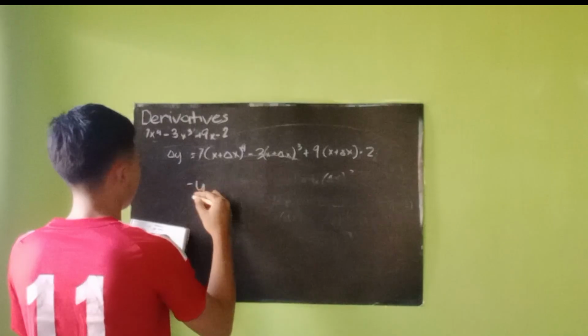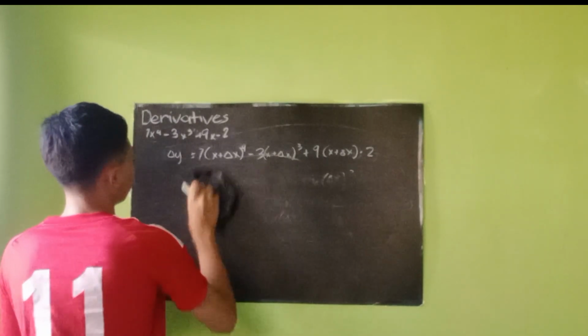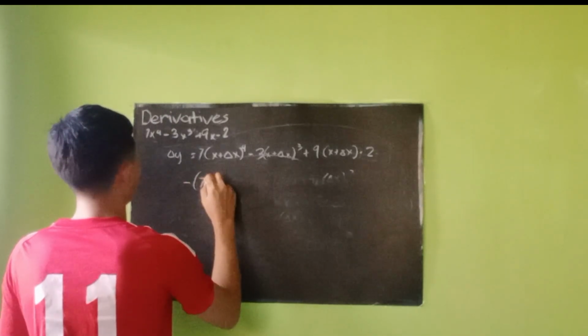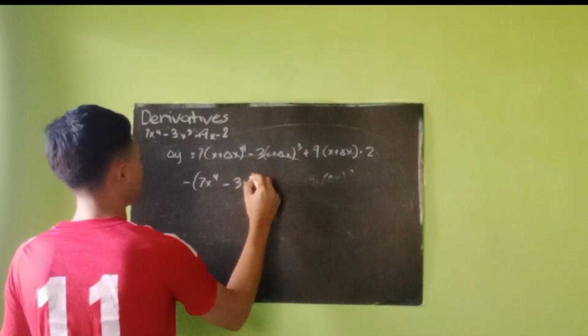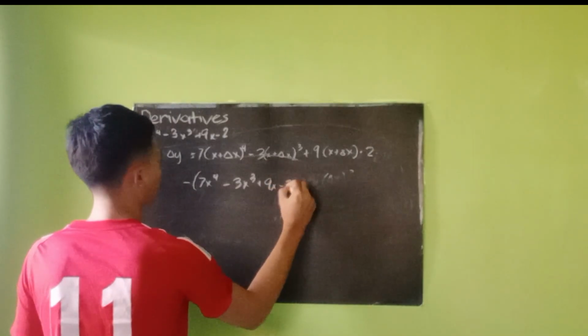So let's say this is y. Your y is equal to, let's put in parentheses, 7x raised to the power of 4 minus 3x cubed plus 9x minus 2.